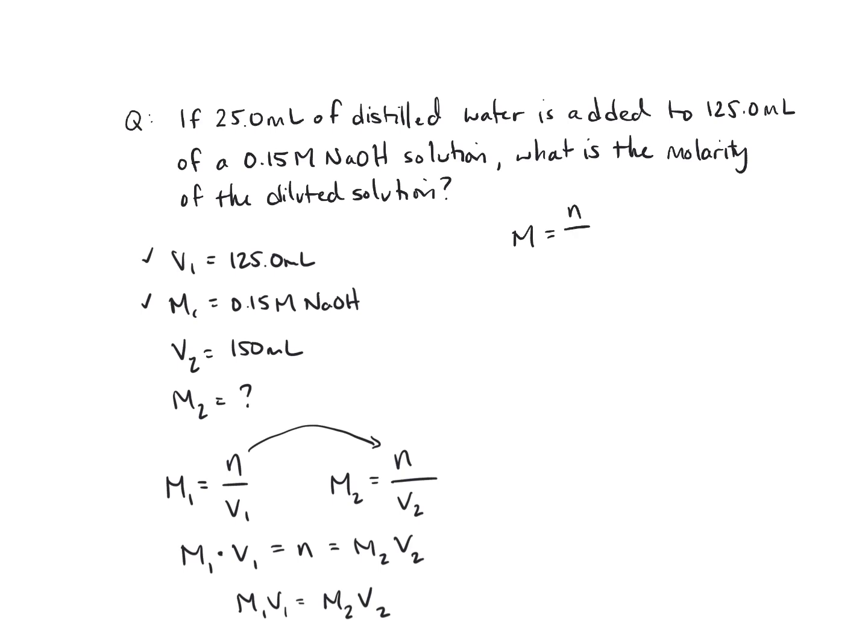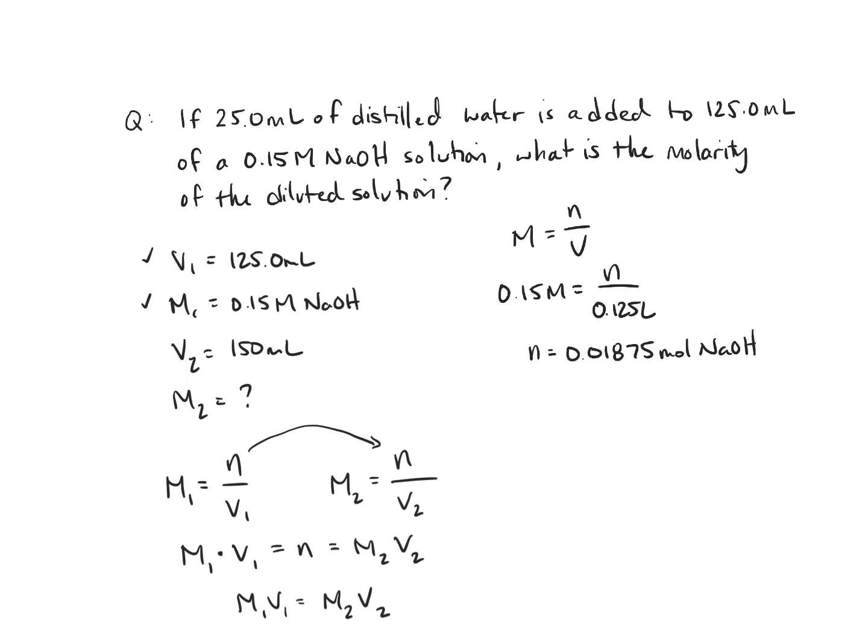M equals n over V, and I plug everything in. 0.15 molar is equal to n over 0.125 liters, because it has to be in liters if I'm going to use this equation. So 0.15 times 0.125, we get n equal to 0.01875 moles of NaOH.